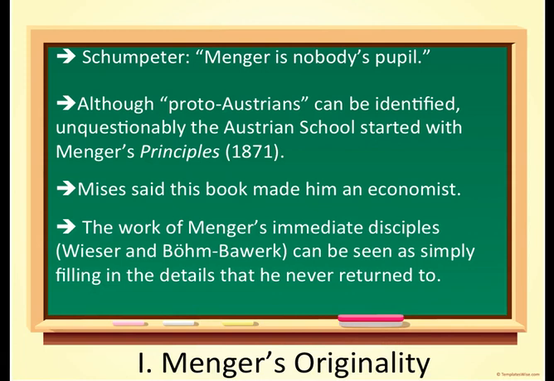Another way of seeing this, I think it's quite fair to interpret the work of Menger's immediate disciples, namely Wieser and Böhm-Bawerk, as being simply applying the Mengerian framework to particular topics. So Menger himself, in this Principles book, did not cover all of economic theory. And he didn't think he was.